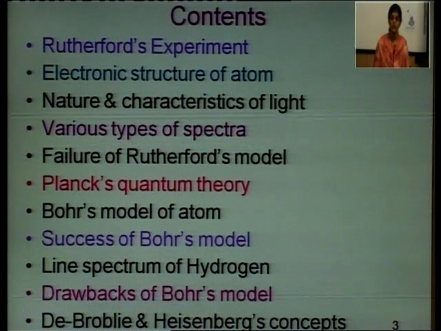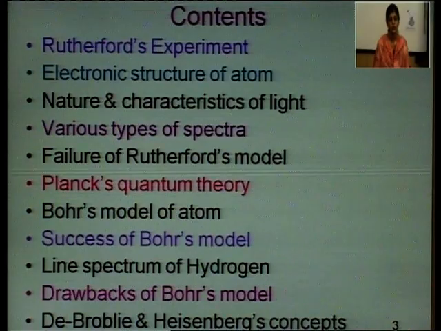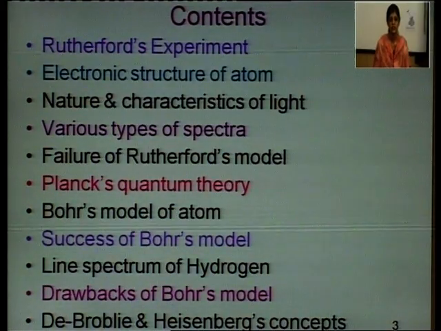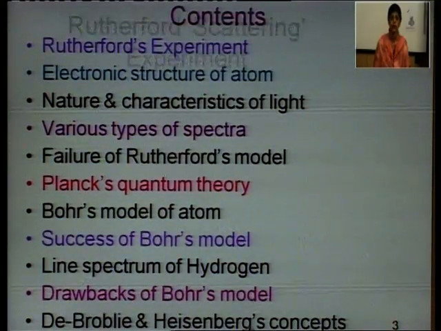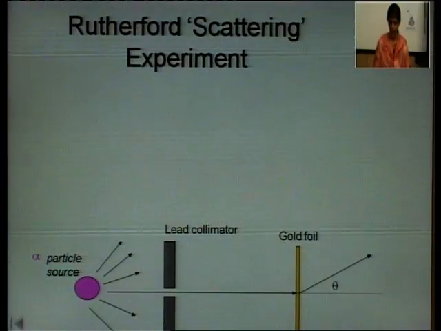Then we would later discuss the drawbacks of Bohr's model, in which we will cover the de Broglie and Heisenberg's concepts. So, first of all, let us start with the Rutherford's experiment.